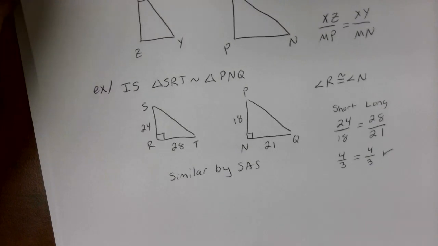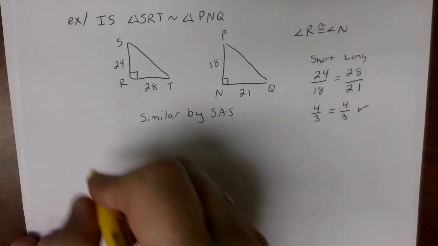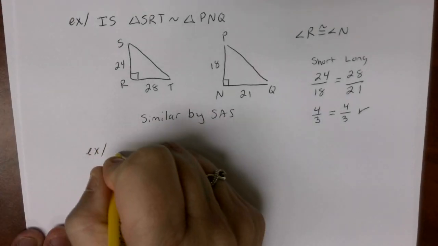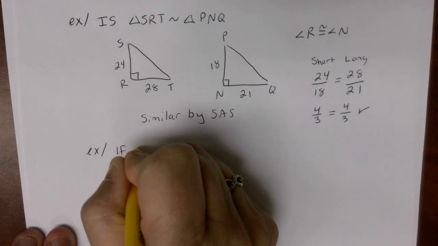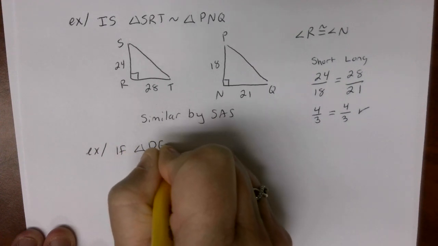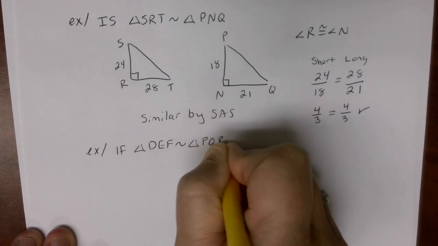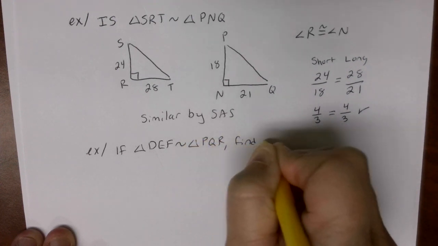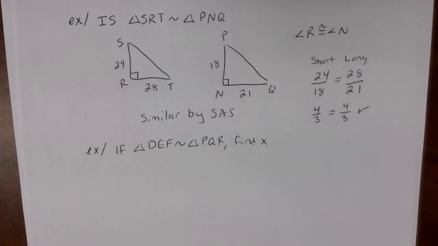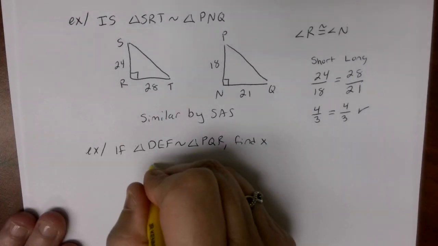All right, go through a couple others here real quick. Let's say if triangle DEF is similar to triangle PQR, we want to go through and find X. So these can be just a little bit more challenging.